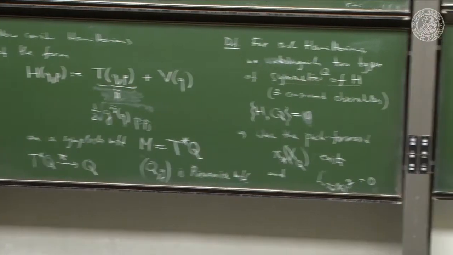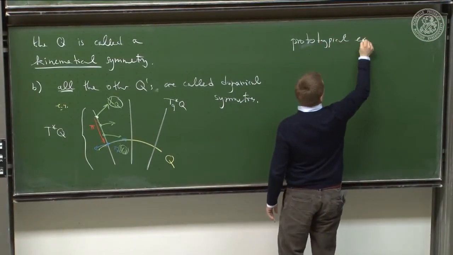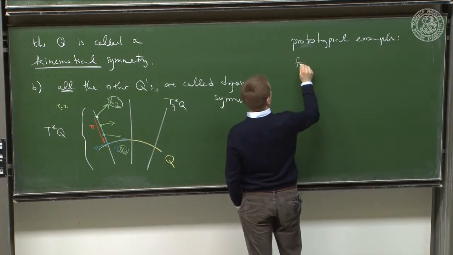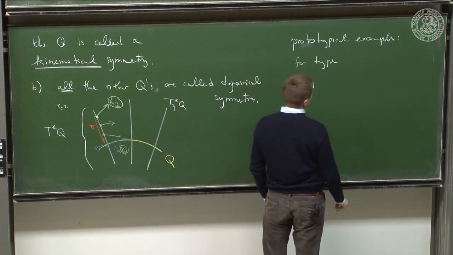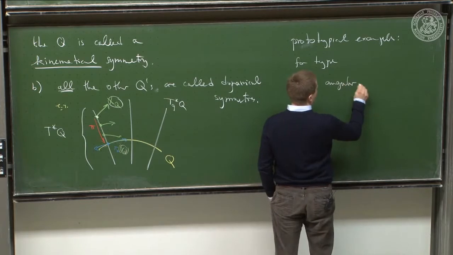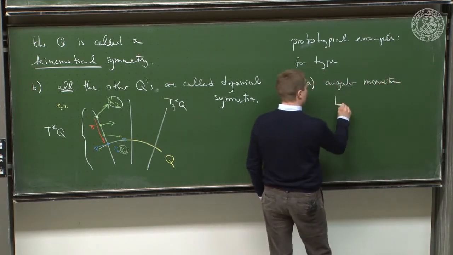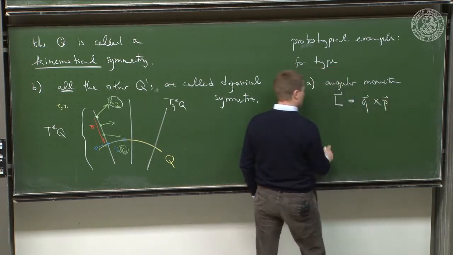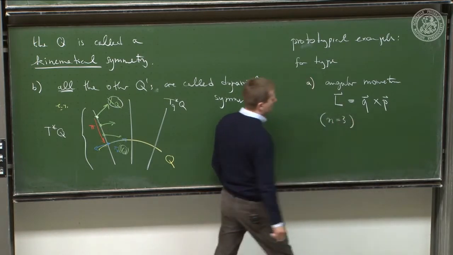So prototypical examples for type A is, say, the angular momentum L, which is Q cross P. So this is obviously on n equals 3.